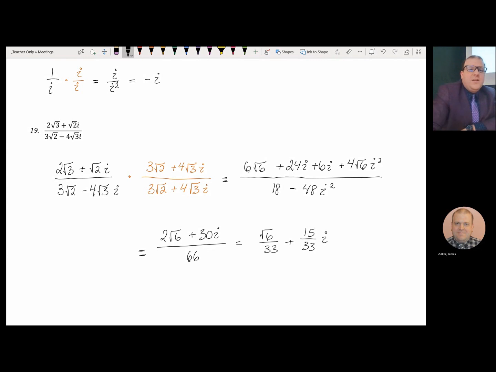Any questions on complex numbers? With the 6 and the 6 and the 4. Was that 6 root 6 and the 4 root 6? Mhm. You wouldn't add the 6 and the 4 together. But remember, that's i squared.